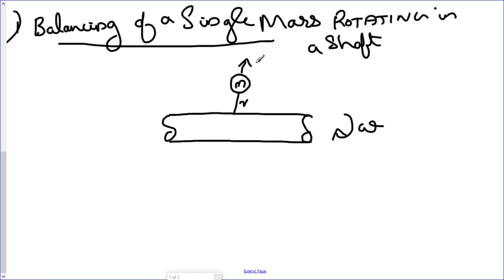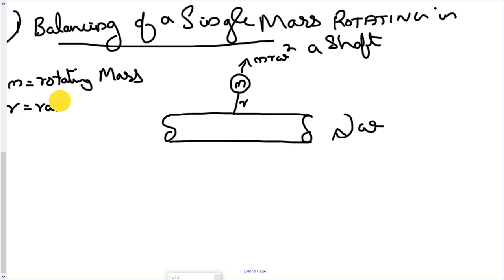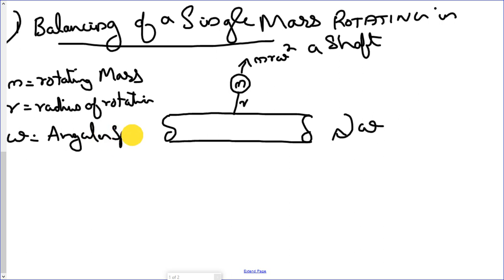So this force will be m into r into omega square, where m is the rotating mass, r is the radius of rotation, and omega is angular speed. Because of this unbalanced force, there will be vibration.